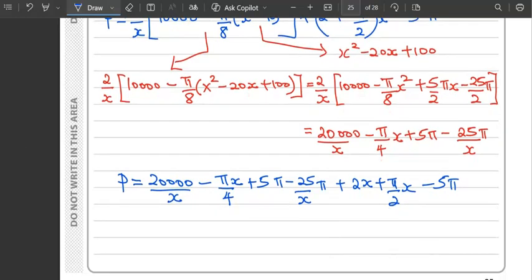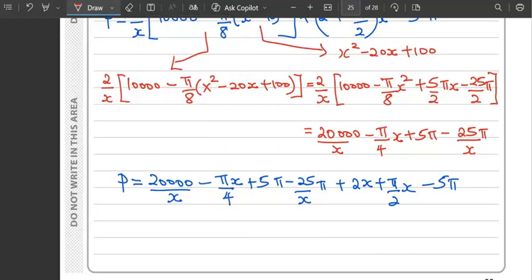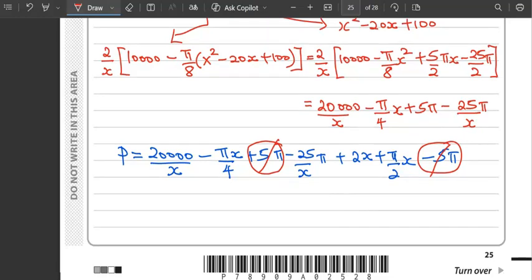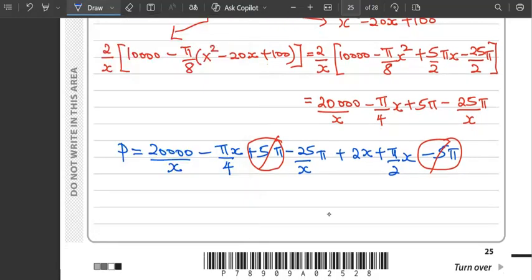So up to this point, collecting the like terms, if we collect the like terms here, these two will cancel out.